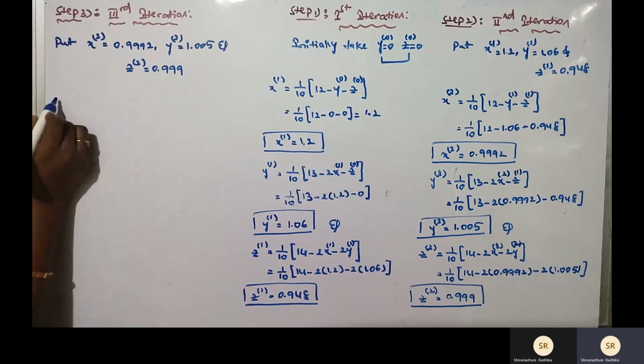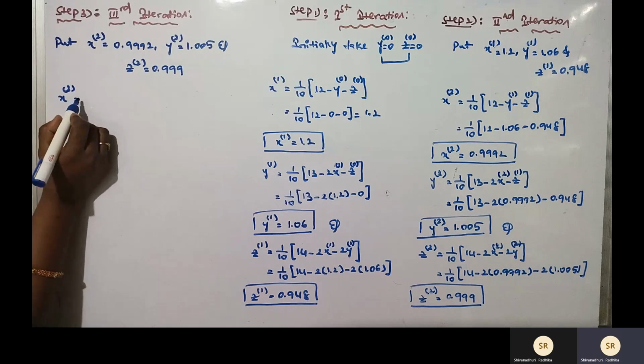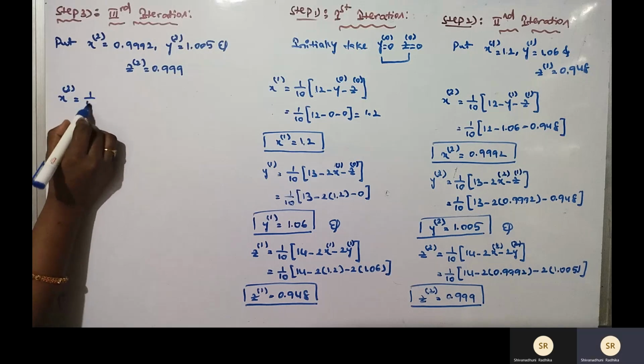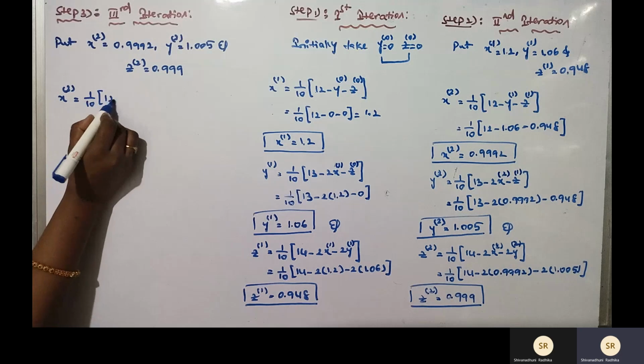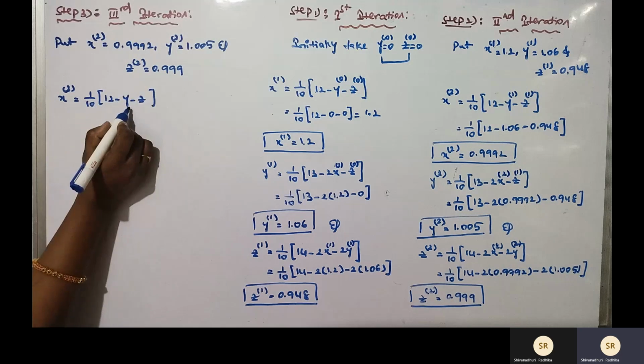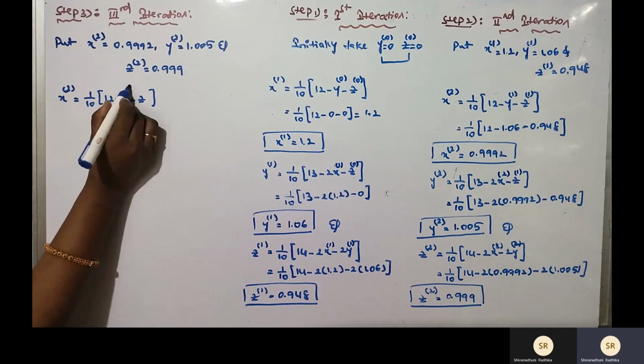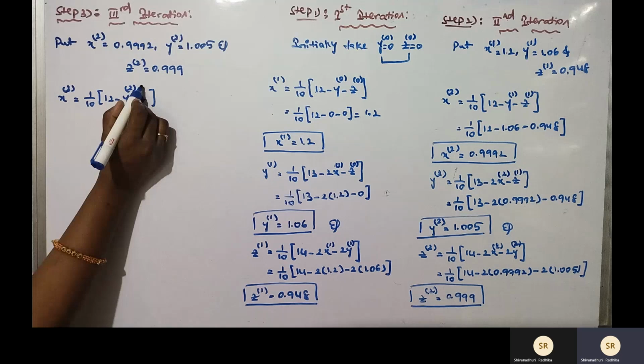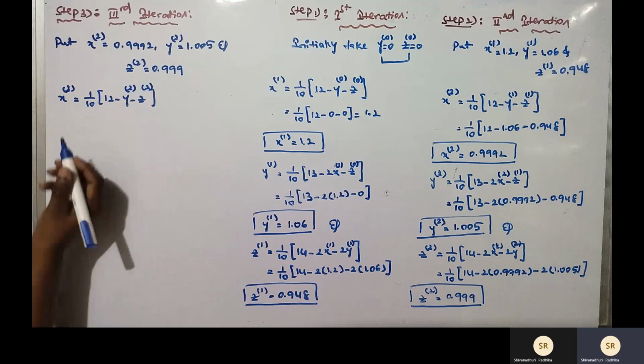And in the step 3, we find the X third approximation. So take the equation that is 1 by 10 into 12 minus y minus z. In the RHS, we are going to substitute the approximation. For the y, last approximation is the 2. For the z, the last approximation is the 2.